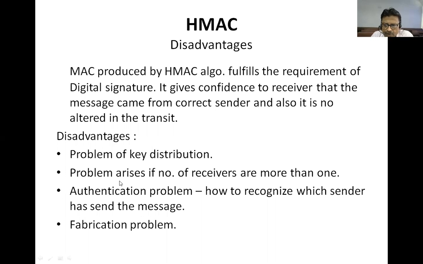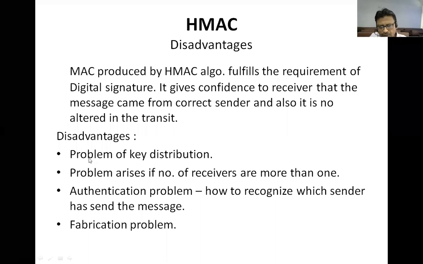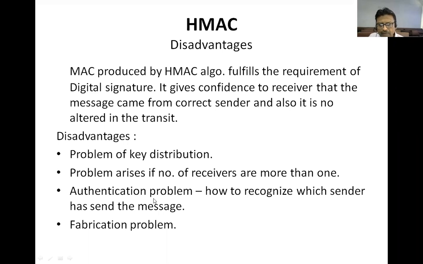Suppose the number of receivers is more, and if it is sharing the same key, suppose that problem is solved, and authentication is not a problematic part, and the receivers to whom the message is being sent are using the same shared symmetric key. Suppose the first problem is solved, the second problem is solved, then comes the third problem, the authentication problem, that is, how to recognize which sender has sent the message.